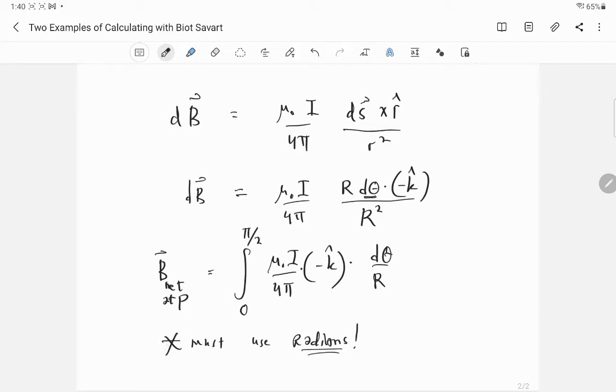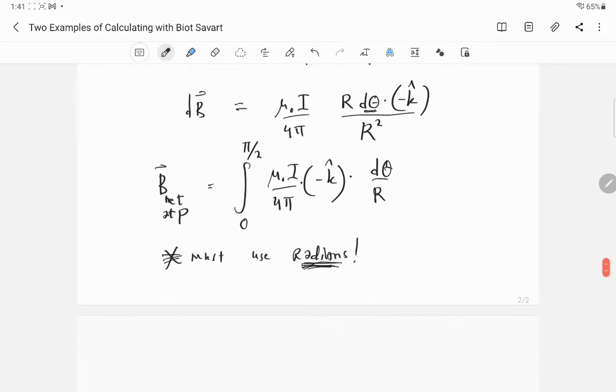This is important, because you don't know what it means to multiply by small amounts of degrees. Degrees is a little artificial, like an ancient thing. Radians is a geometric connection between distance and angle sweep. That's the usefulness, and that's the practical point of the radian. So when you integrate over an angle, you have to use radians.